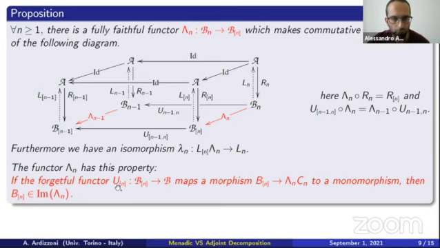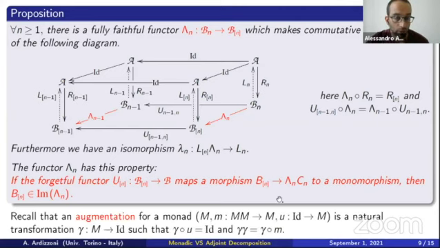If the forgetful functor un from Bn to B, which is the composition of this one up to the level 0, maps a morphism of this form to a mono, then the source of this morphism must belong to the image of lambda. So it's a way to check that some object is in the image of lambda. We will be back on this property later.